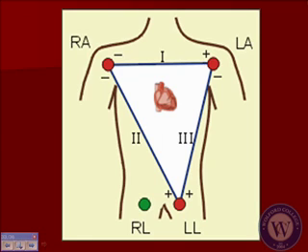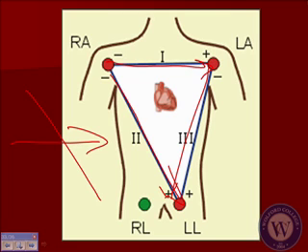Einthoven's triangle, which is a generation of the three major lines, which is line 1, 2, and 3. The way you always have to remember is where the arrows are going. Line 1 is going this way, line 2 is going this way, and line 3 is going this way. When you put it into a Cartesian plane, line 1 is in the middle, line 2 is 60 degrees to it, and then you have another 60 degrees from there, which is 120, which is line 3.